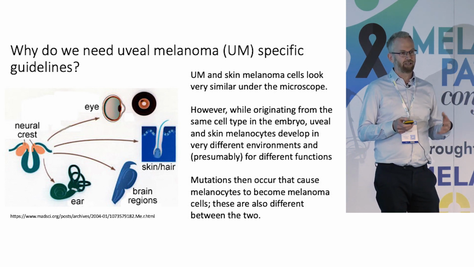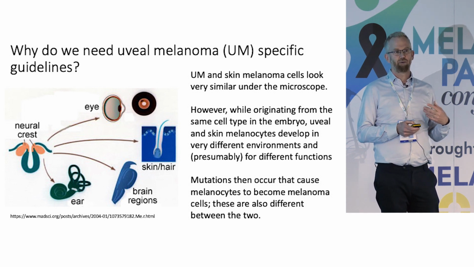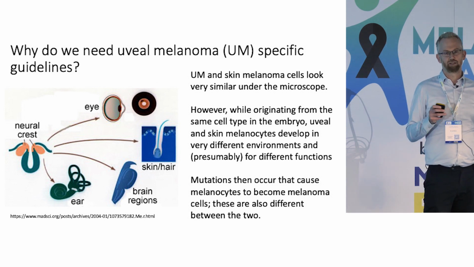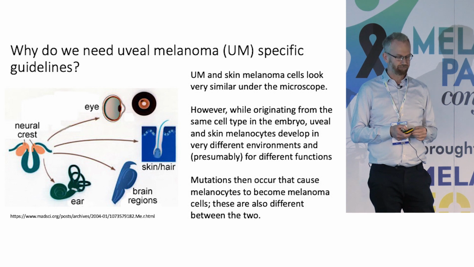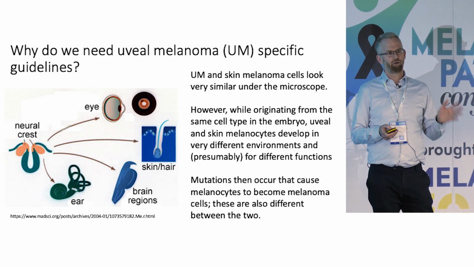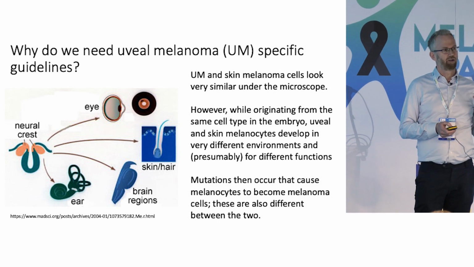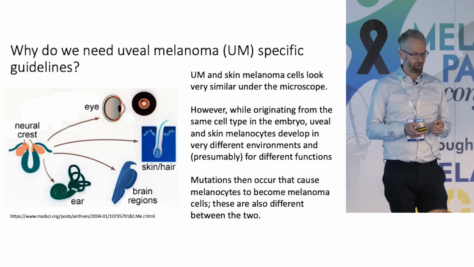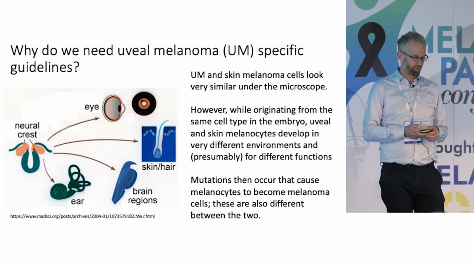And presumably the environment there modulates how they behave, as well as what sort of signaling is involved in determining how they function and end up in their niche. And then from there, they're exposed to different sources that cause mutations and changes in the DNA, and the mutations that occur are very different. So that really means that these end up two different diseases.